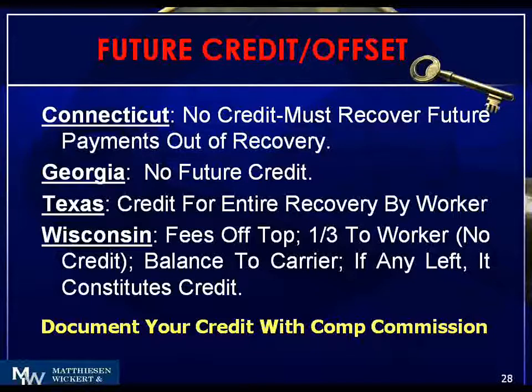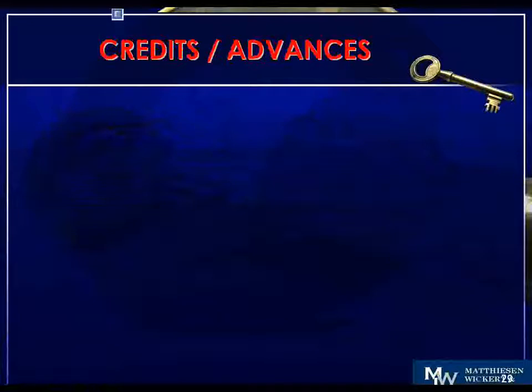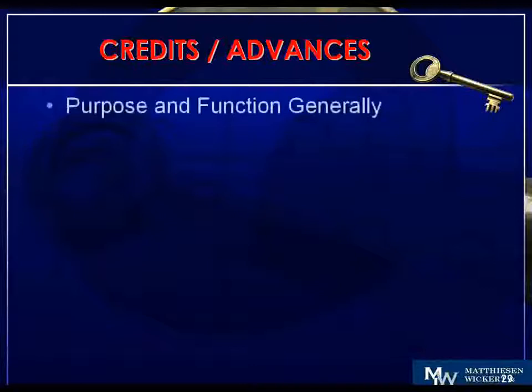If you ever settle your workers' compensation claim, make sure to reserve your statutory right of subrogation and reimbursement, and right to a future credit, because there are some states that have tricky laws that say you can waive that.